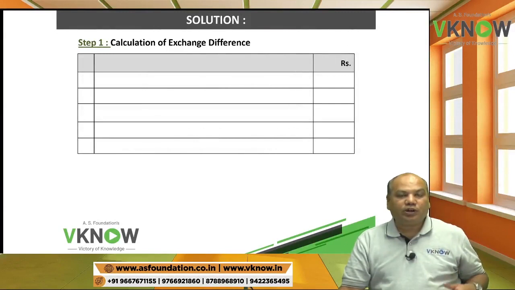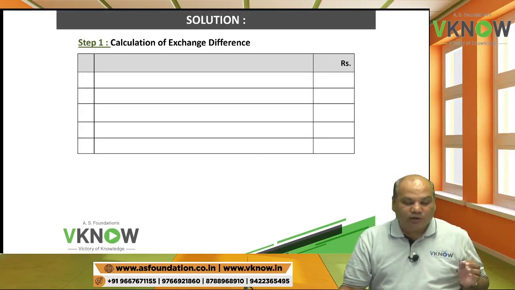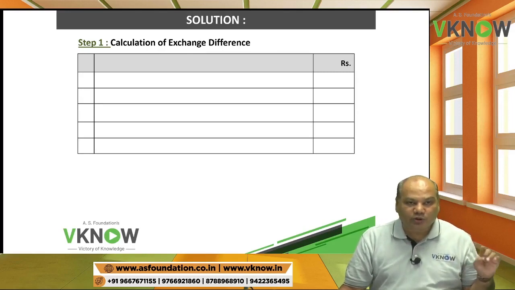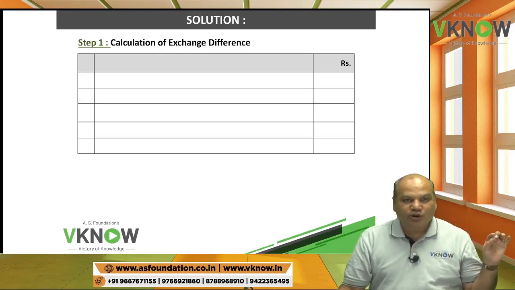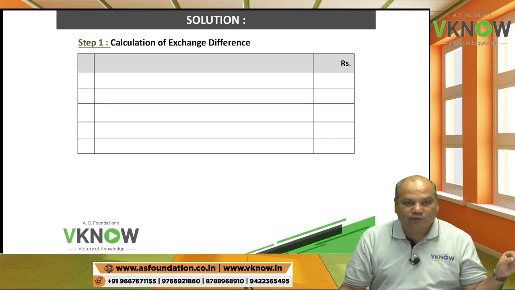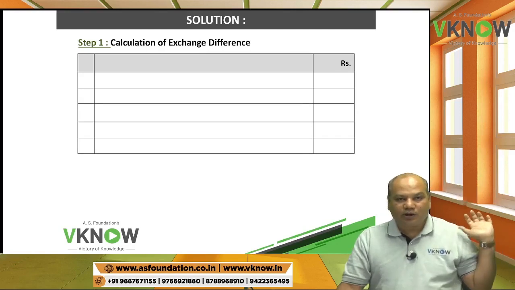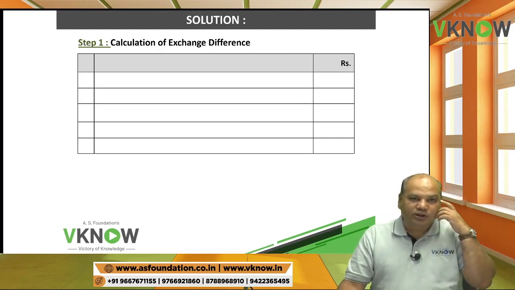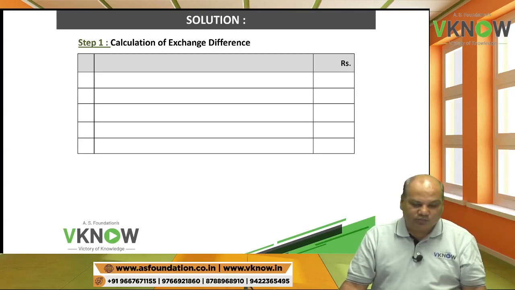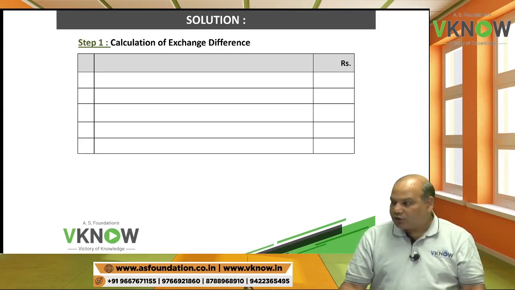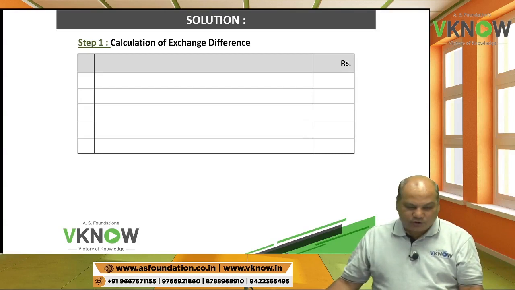This is the amount that will go to the balance sheet. But while preparing the cash flow statement, the unrealized gain will have to be reversed. So the cash flow statement bank balance will be different from the balance in the balance sheet, and that difference will be presented in the reconciliation.